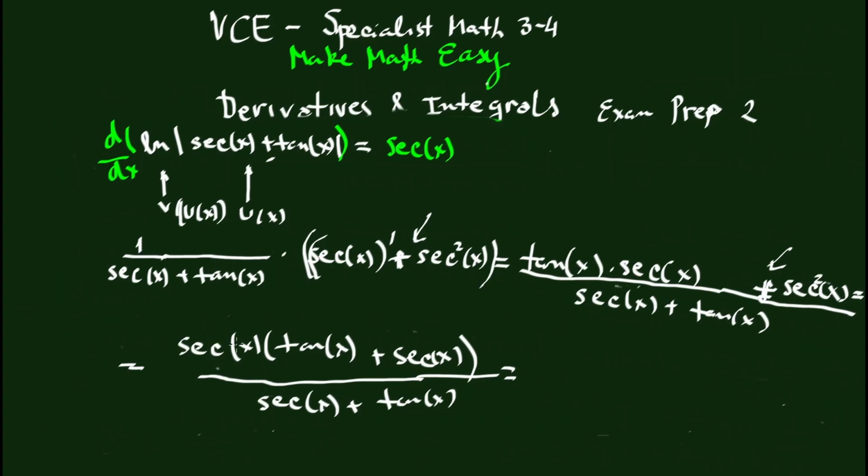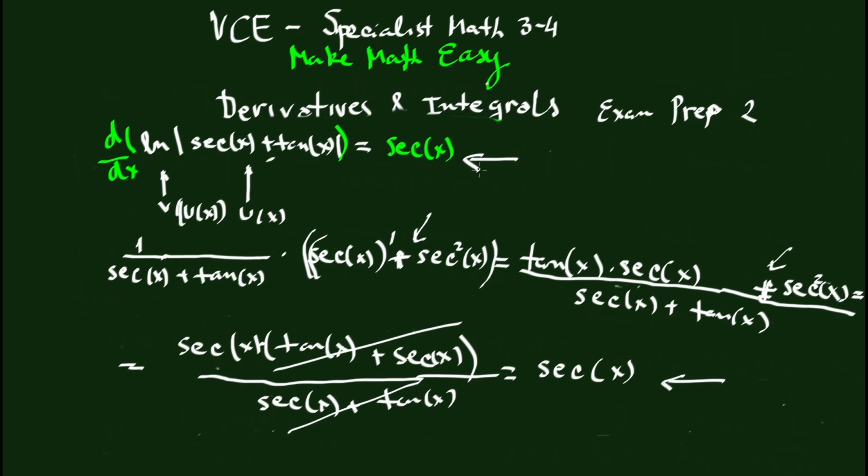Because we have the multiplication here we can cross out these two and what's left is secant of x. So we prove that it is secant of x.